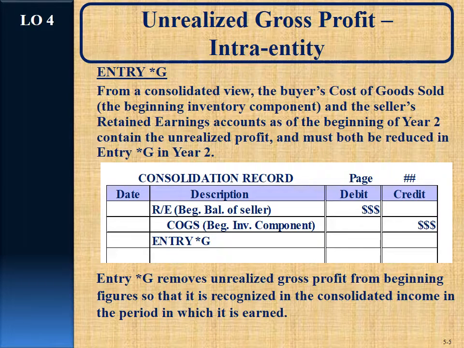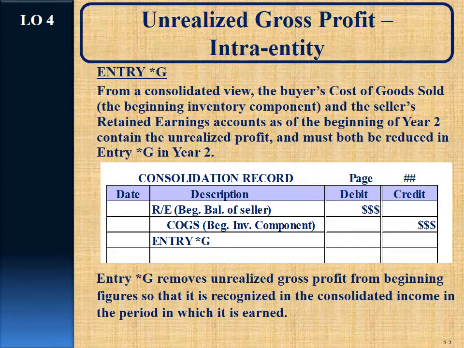So we'll reduce retained earnings because there's too much in retained earnings for a consolidated view, and there's too much in cost of goods sold. We need to reduce cost of goods sold by that $7,500. Essentially we're recognizing now in consolidation the amount of the gross profit we couldn't last year.